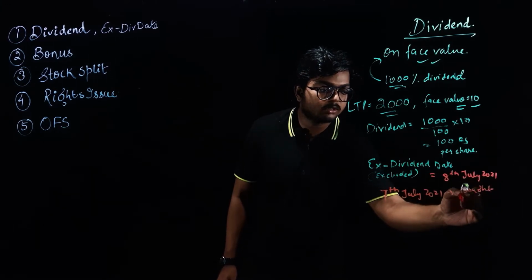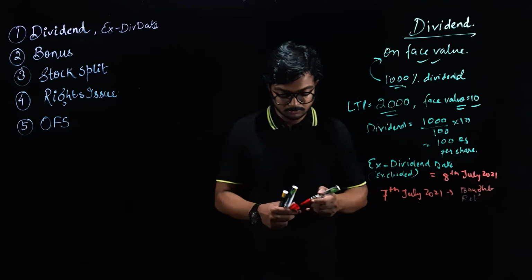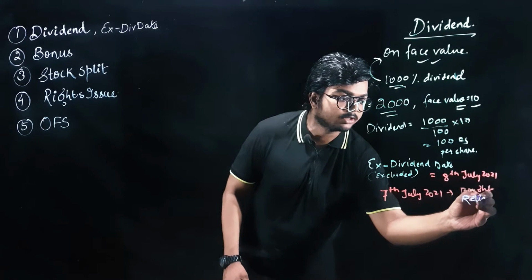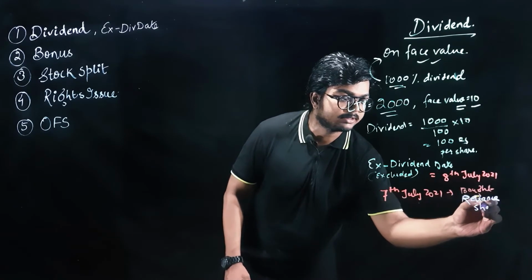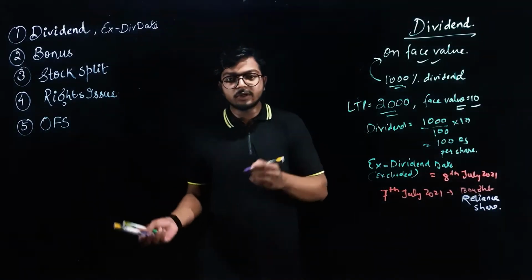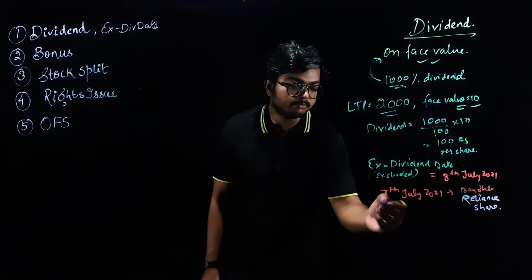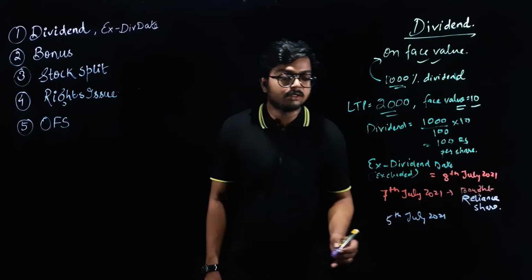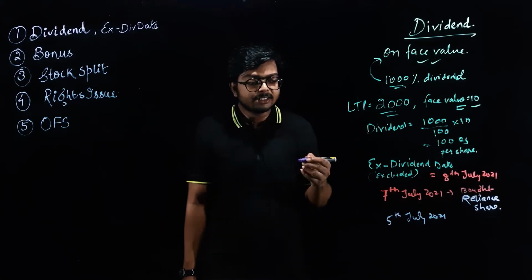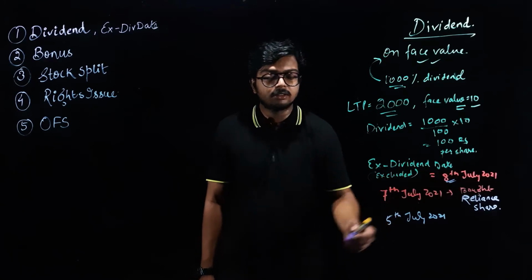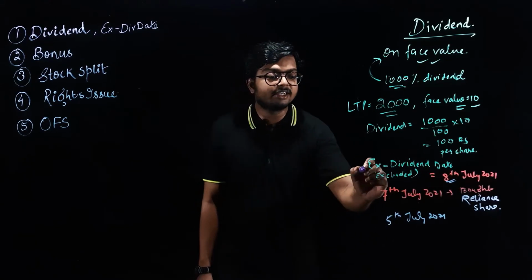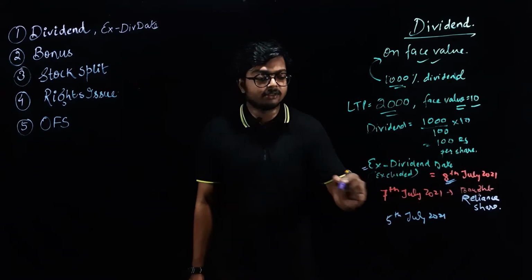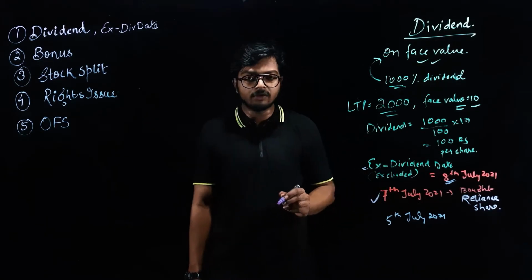Say for example, you bought Reliance shares. This is fine. If you have purchased before it, say for example, you purchased on 5th of July, this is also fine. But if you want to purchase it on 8th of July, this is not acceptable because the ex dividend date is 8th of July. So you must purchase the Reliance shares before it. So you can purchase it on 7th of July.